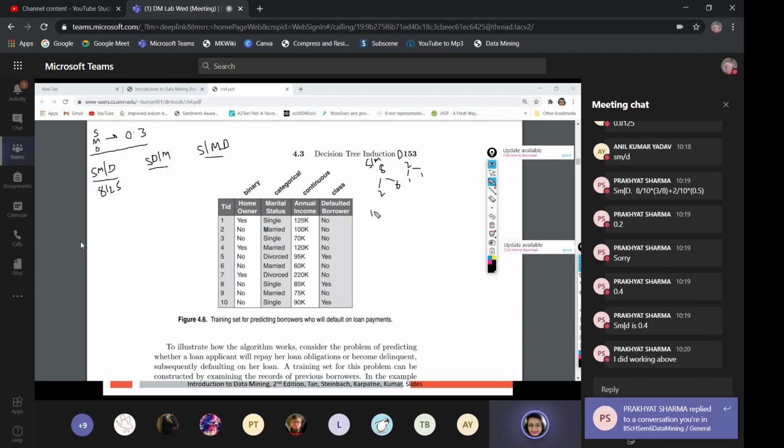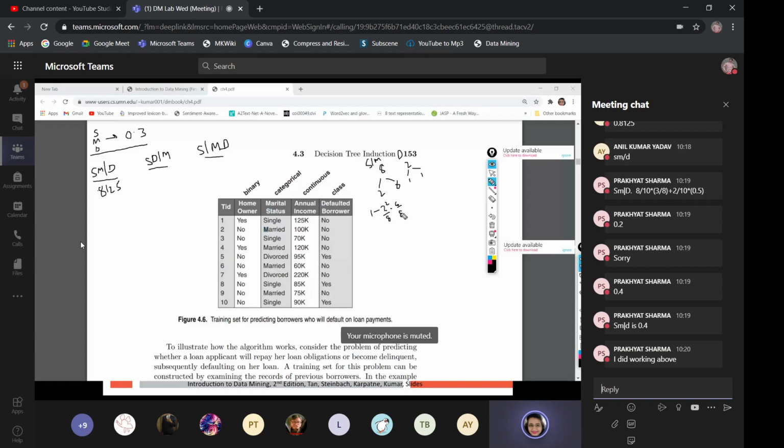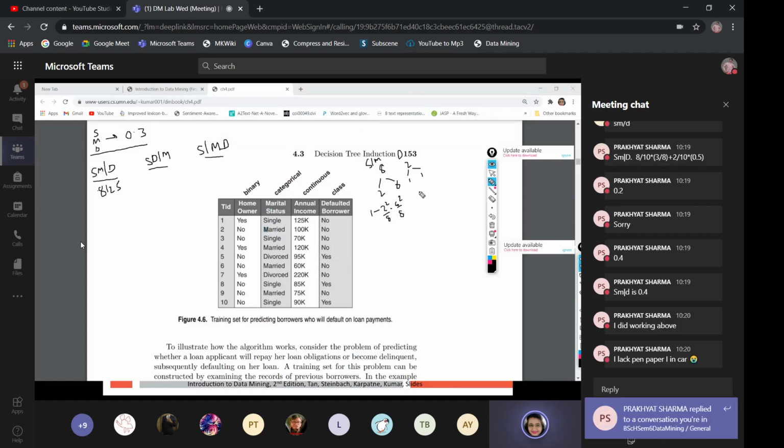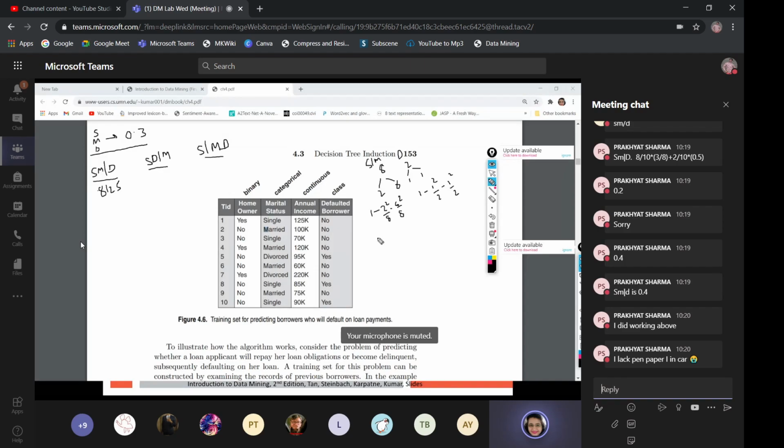So this is 1 minus (2 by 8) square minus (6 by 8) square. This is 1 minus (1 by 2) square minus (1 by 2) square. So this is 1 minus 4 plus 36 by 64.